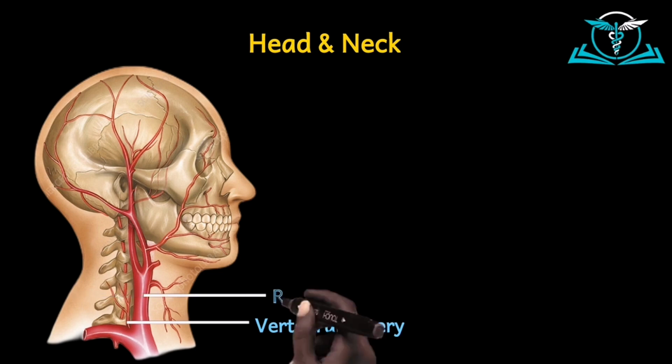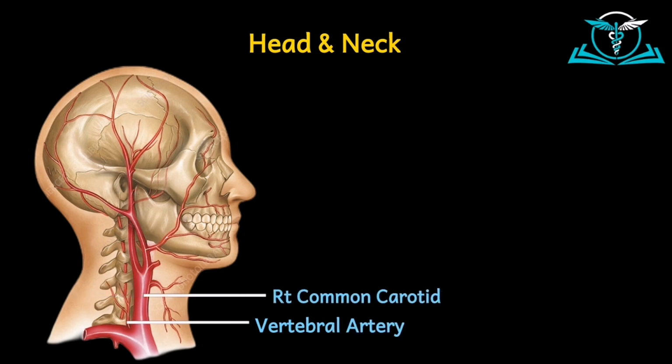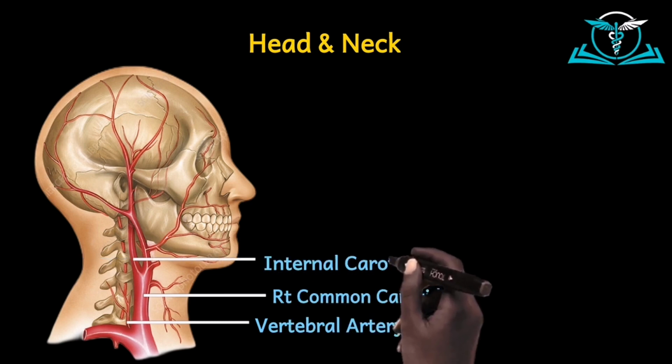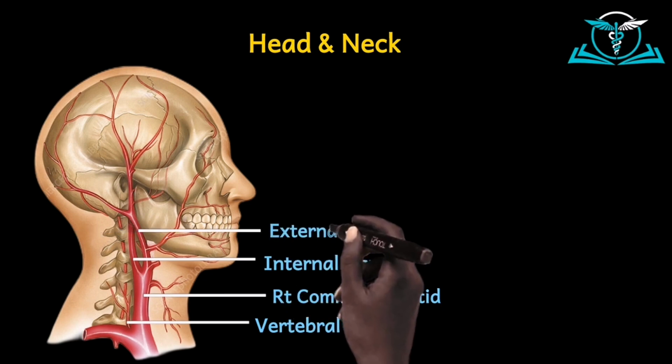Now, this is the right common carotid artery. In anatomy, anytime you hear that a vessel is a common vessel, it means that the vessel will eventually divide into an internal and then an external branch. In that regard, the right common carotid artery will divide into the right internal carotid and the right external carotid.